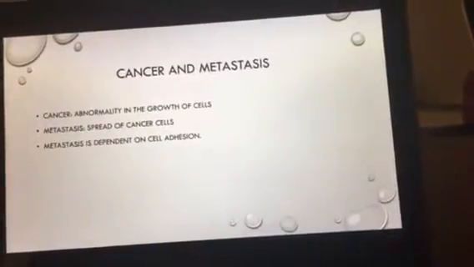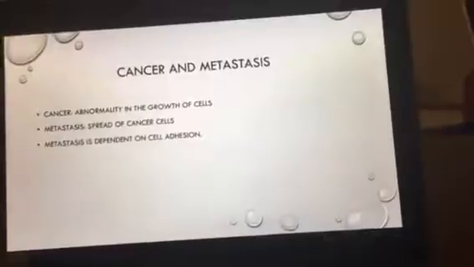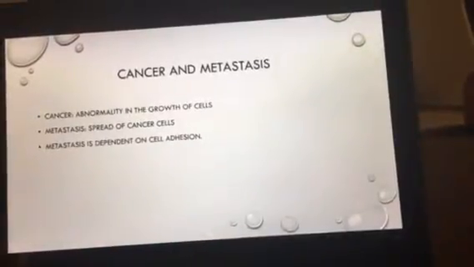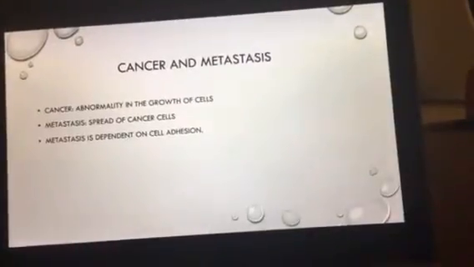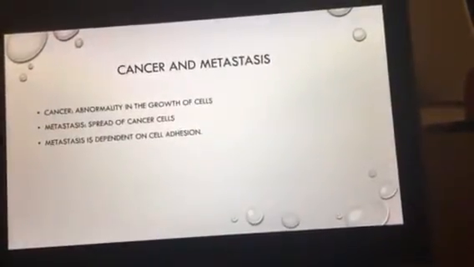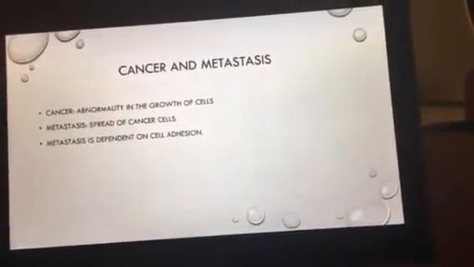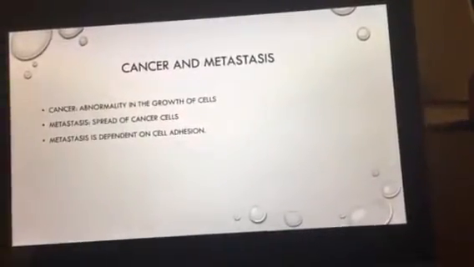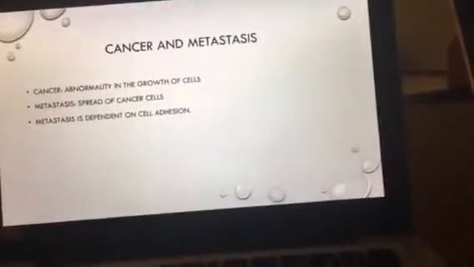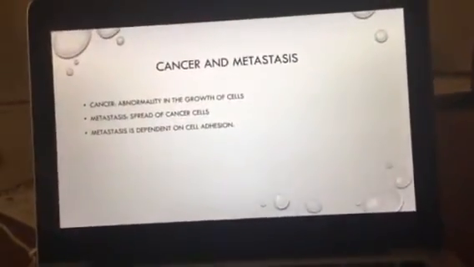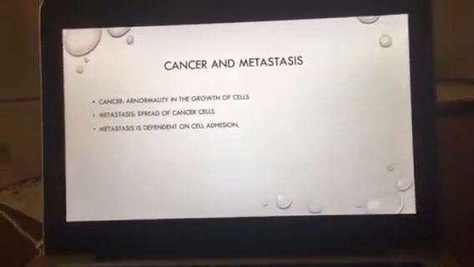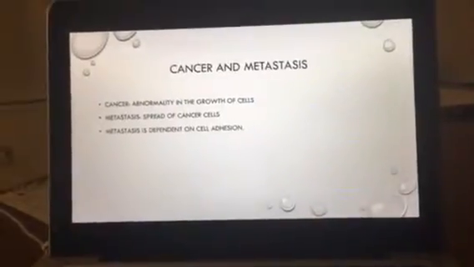They could be benign, where they don't spread to other sites of the body, or they could be malignant. This is when the cancer cells spread from the primary site, which is the site where the cancer cell originated.